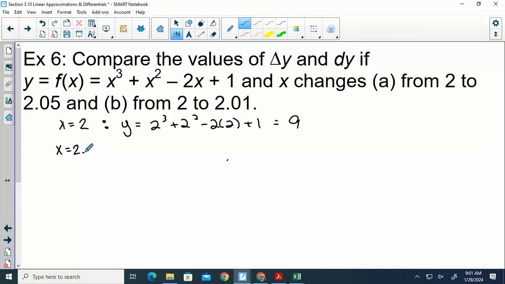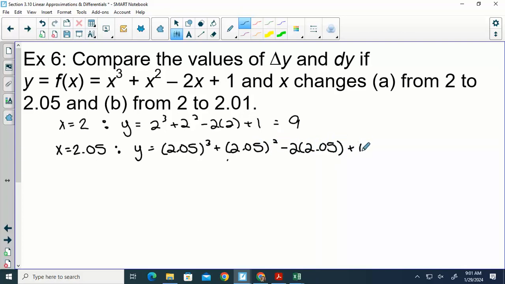And for my x is 2.05, I want the actual change in my y value. Okay, it is not a pretty answer.